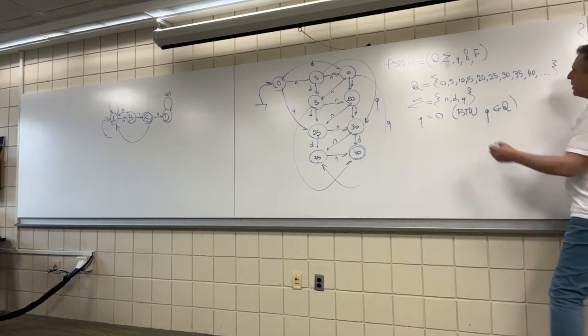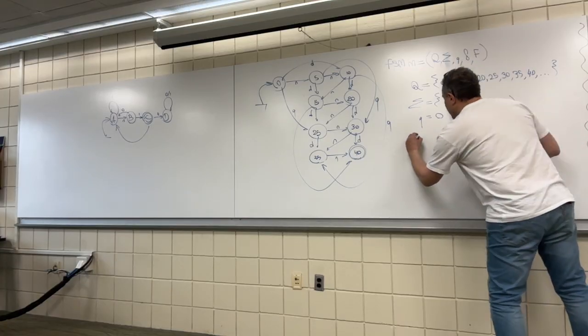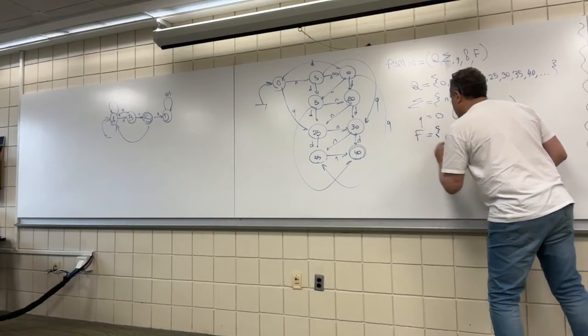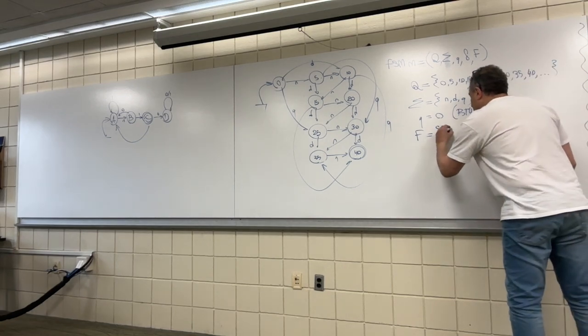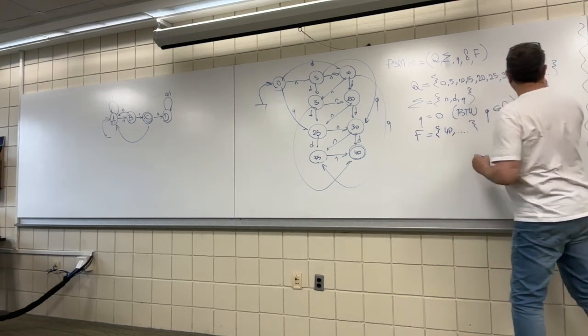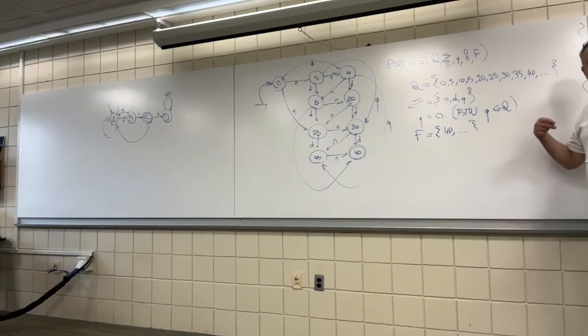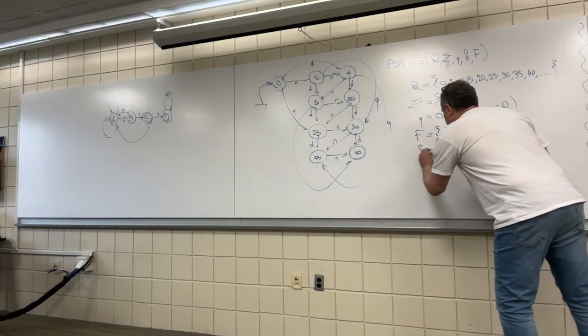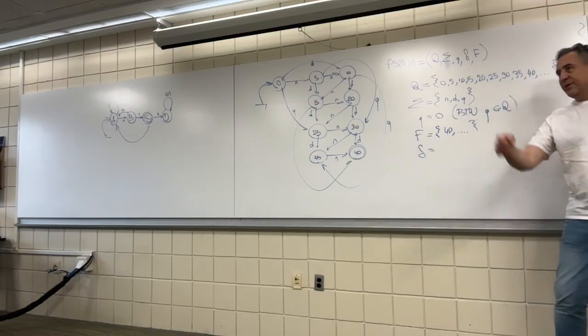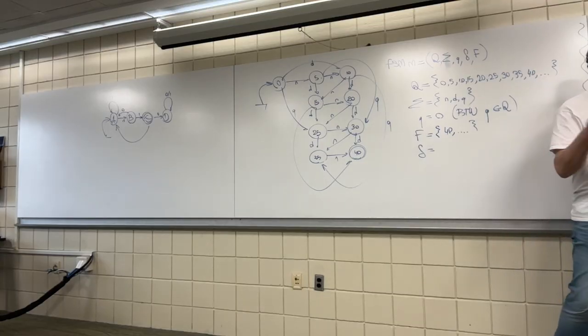Let's go for the easy ones, and then I'll focus on this one. What's F? Yeah. 40, and then whatever extra things we could have added here to represent change. What about the delta function? Is that a hand? Oh, okay. Anyone?